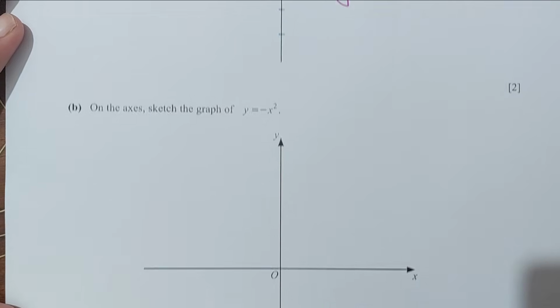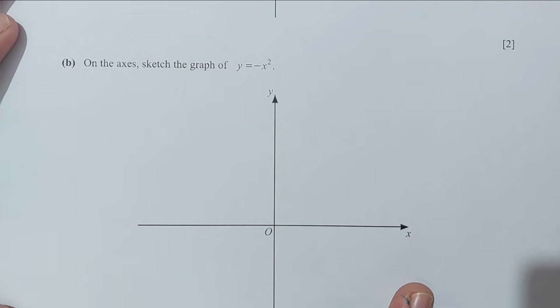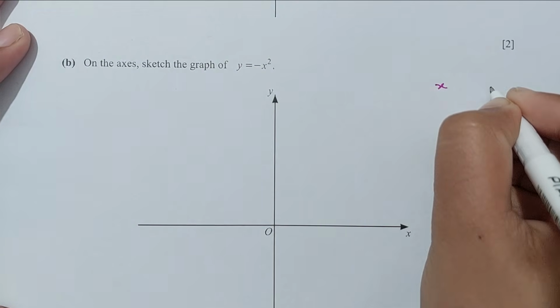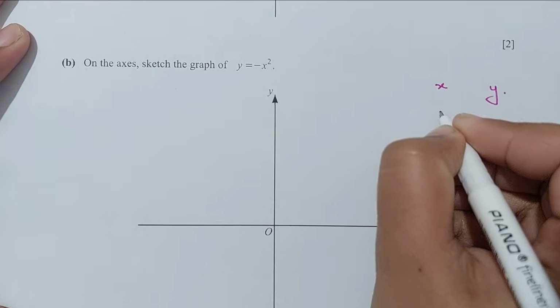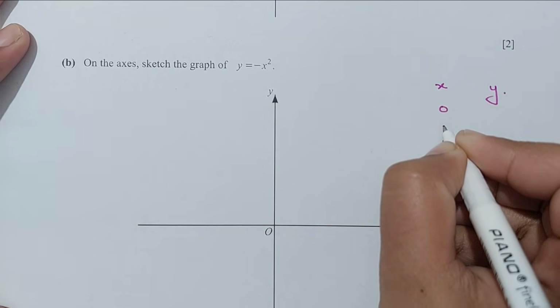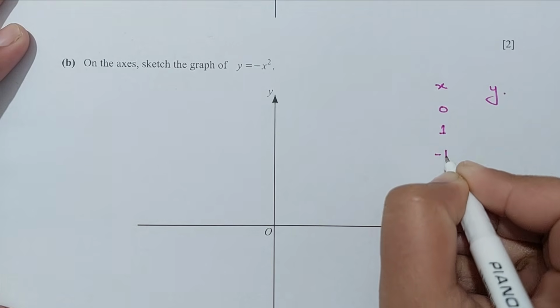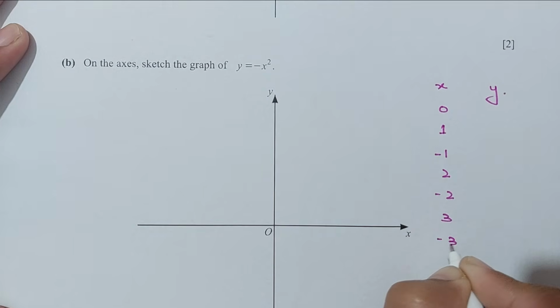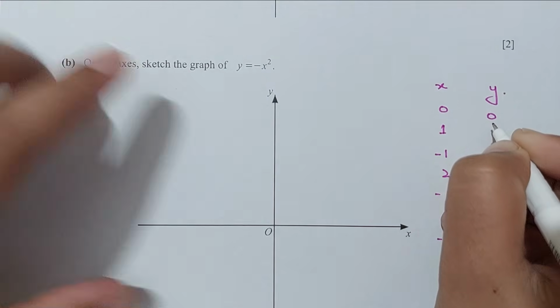Now for part B, on the axis, sketch the graph of y equals minus x squared. Right? So let's make a table of values for x and y. When x is 0, 1, minus 1, 2, minus 2, 3, minus 3. When x is 0, y is 0.